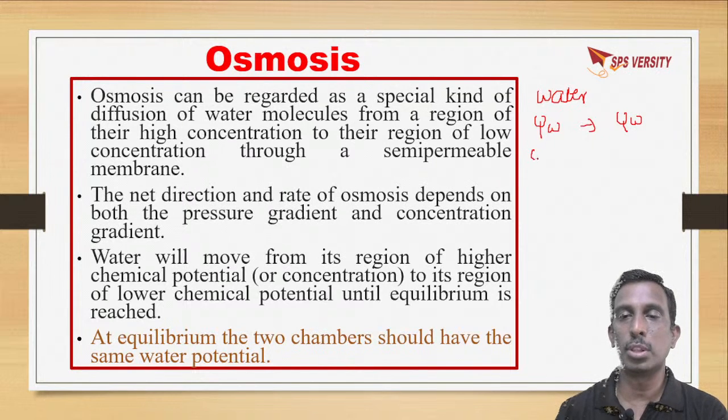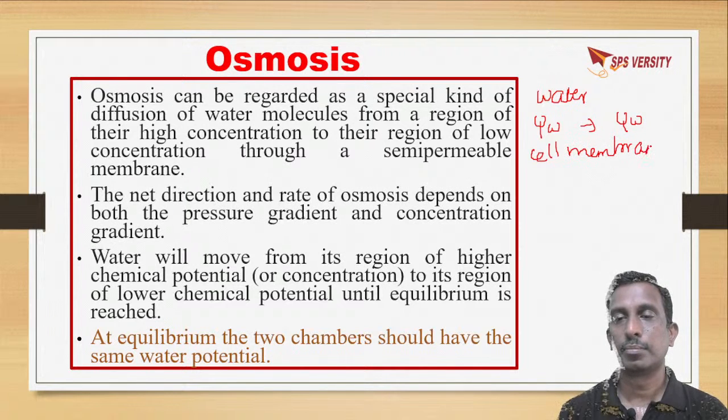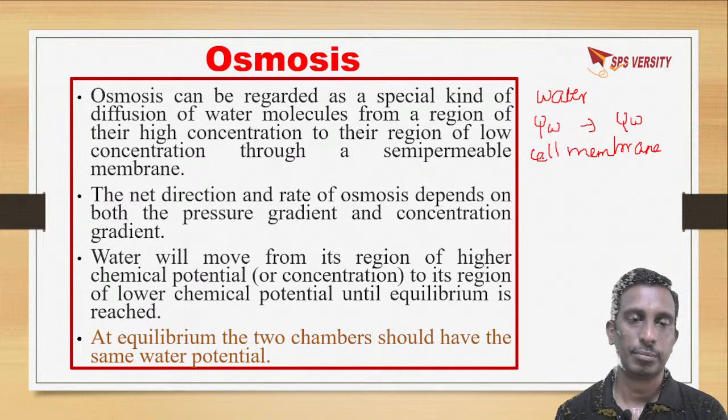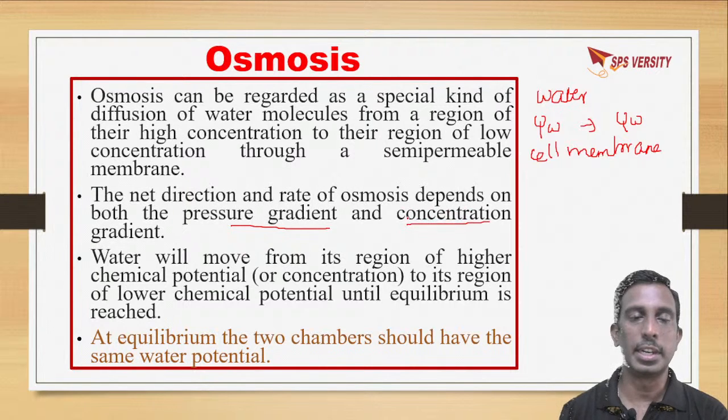Semi-permeable membrane बोले तो cell membrane और plasma membrane. Okay. So this movement of water in osmosis depends on the pressure gradient and concentration gradient, the difference in the pressure and the difference in the concentration.